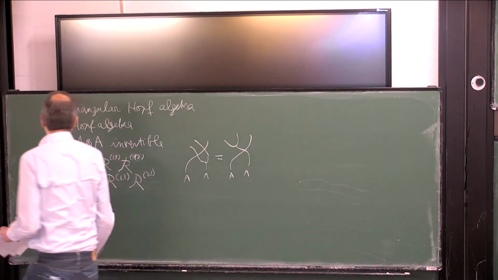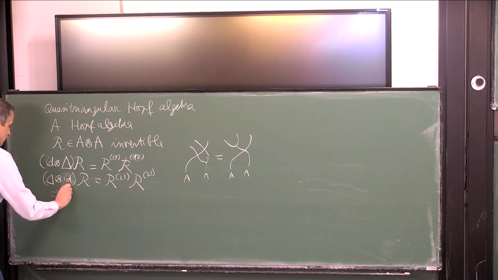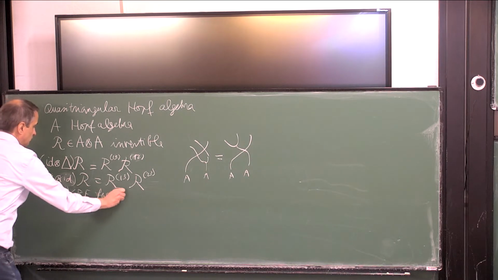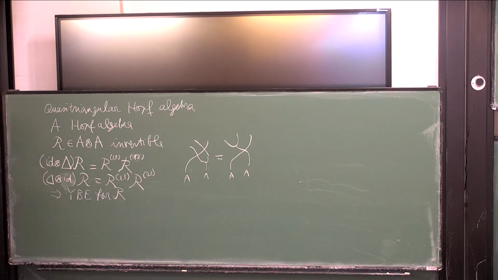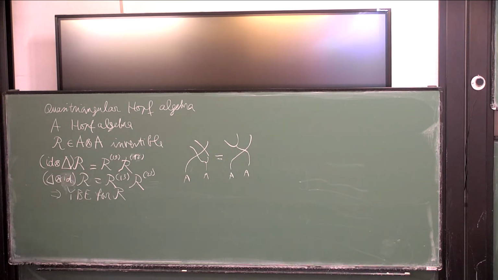And so, this actually implies the Yang-Baxter equation. And then if you have this structure, then you can go to any representations and construct an R matrix for any pair of representations. And you obey the Yang-Baxter equation for each triple of vector spaces.